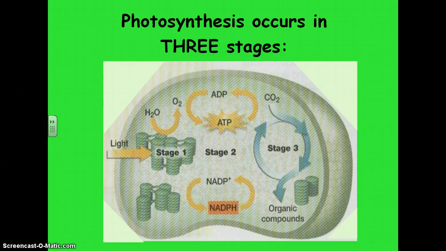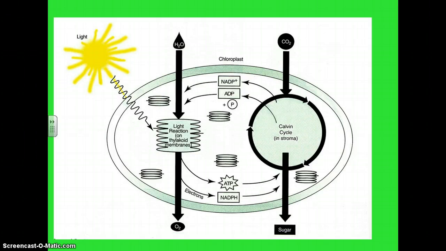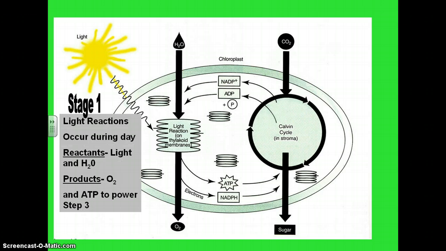There are 3 stages to photosynthesis. Here is a very lovely photo of the stages. So stage 1, this is the light reaction, meaning the plant needs light in order for this reaction to work. So it occurs during the daytime. The reactants are light and water.